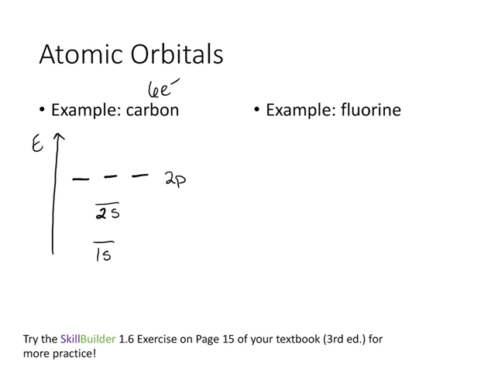So now we're going to follow those rules we talked about on the first slide. So we have to start with the lowest energy orbital first. And remember, s orbitals can hold 2 electrons, so we're going to put 2 electrons in that orbital.